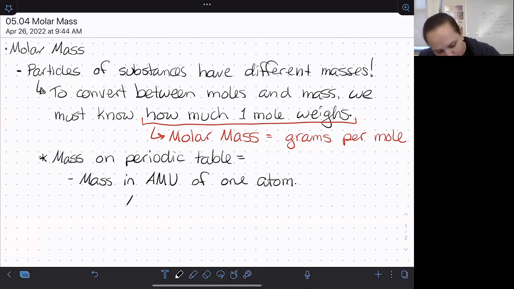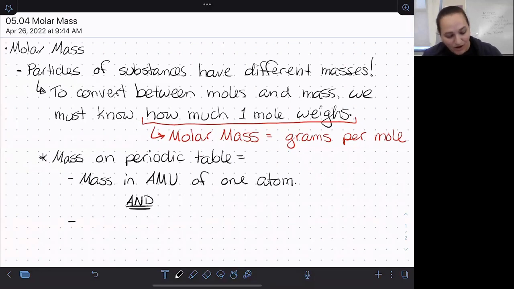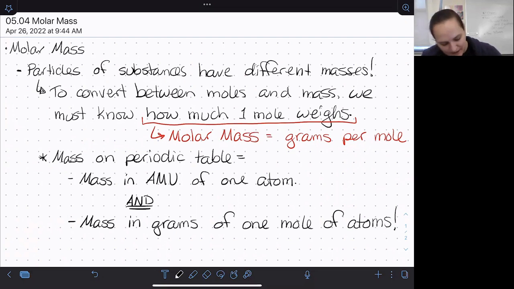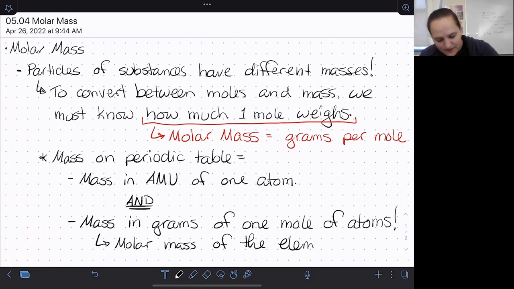But again, because of that definition of the mole, of the number of particles in 12 grams of carbon-12, what that means is that the mass on the periodic table is also representative of the mass in grams of 1 mole of atoms, aka it is also the molar mass of that element.